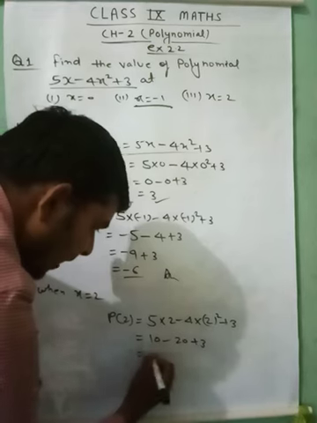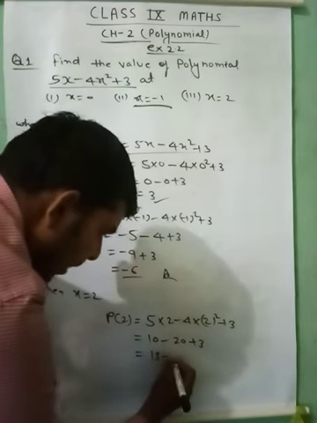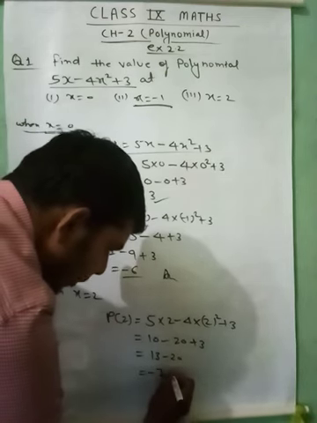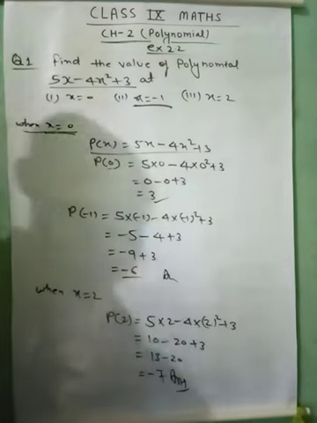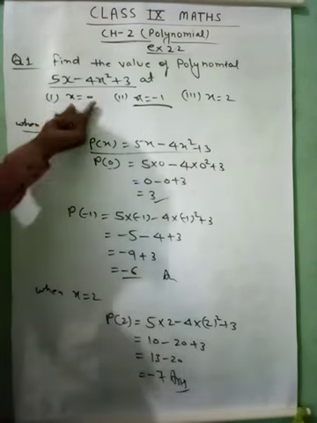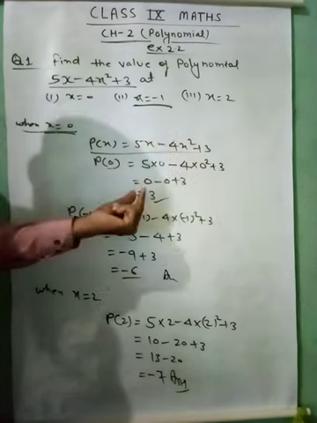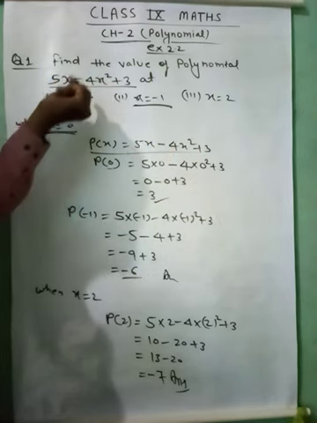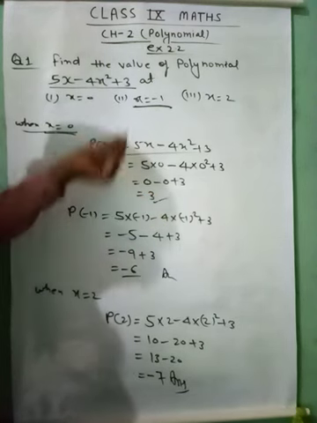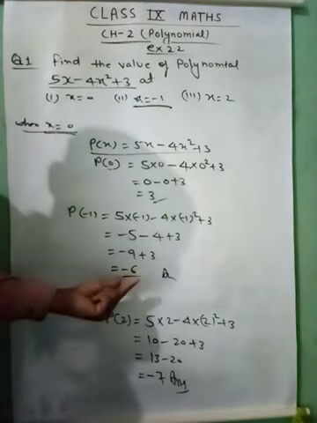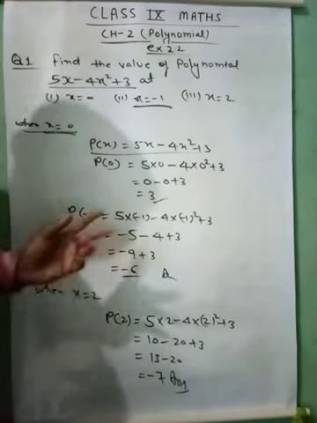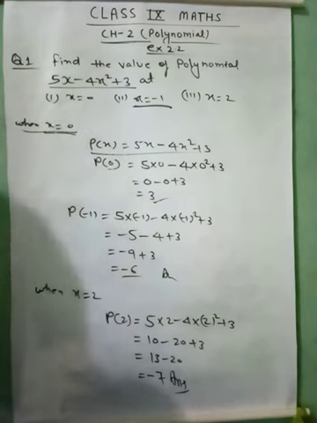It means it is 13 minus 20. It means minus 7. It's your answer. Clear? So putting these values, you have to find the value of this polynomial. For x is equal to 0, you get 3. For x is equal to minus 1, you get minus 6, and for x is equal to 2, you get minus 7. Now see second question.